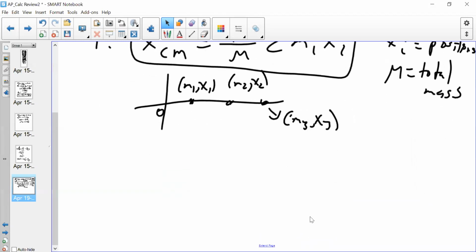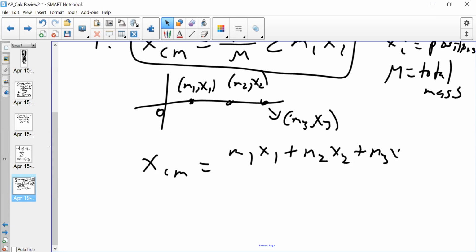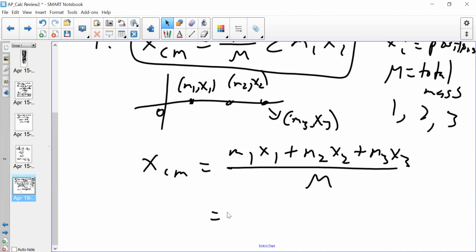And so that becomes mass 1. I'll just write up the formula itself over all the masses. Let's say this is 1, 2, and 3 kilograms, and they're 1, 2, and 3 centimeters. Keep it simple.